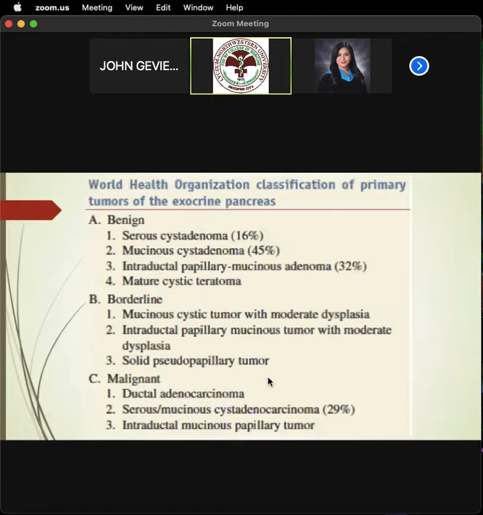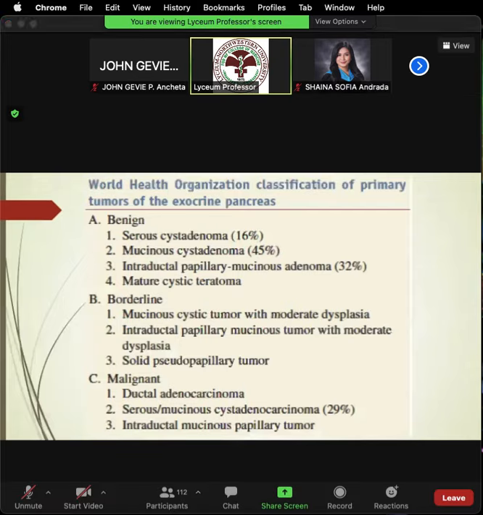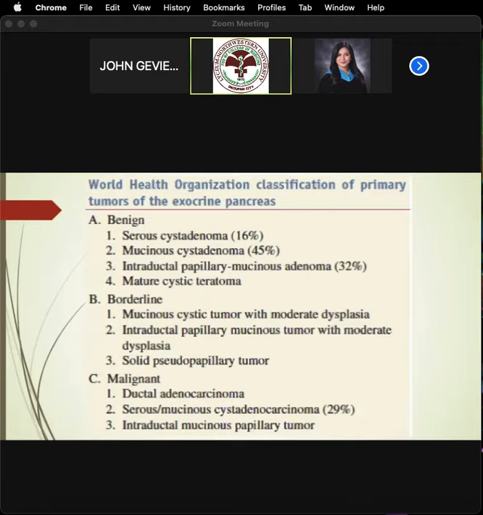These are the tumors of the exocrine pancreas. First the benign, which are serous, mucinous, IPMN, and mature cystic teratoma. The serous, mucinous, and IPMN are cystic lesions of the pancreas.